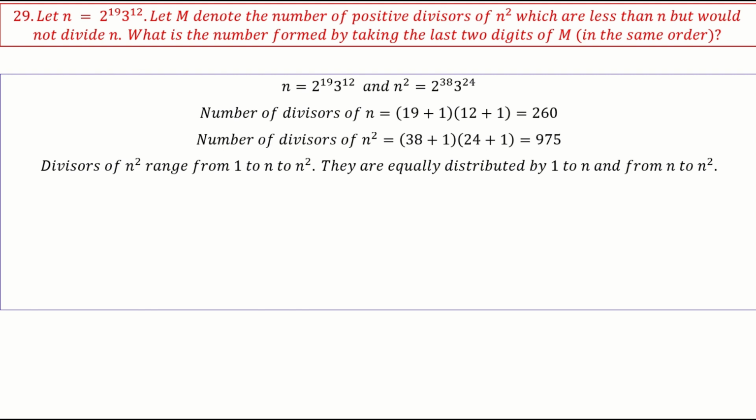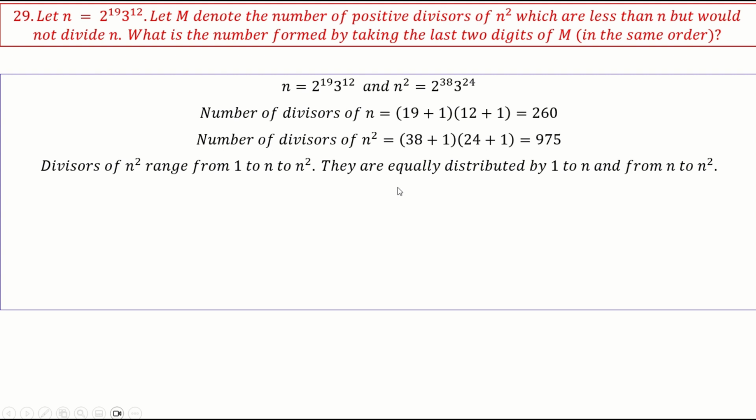If you take one number before n and one number after n, the product of them is also equal to n square. So you should have one number in the 1 to n range and one number in the n to n square range, and the product of them should be equal to n square. Then only you will get all the divisors. So they are equally distributed, 1 to n and n to n square.